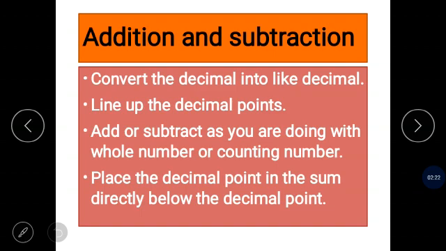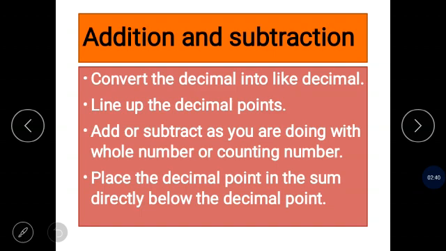Lined up means that just below the decimal point there should be the decimal point.